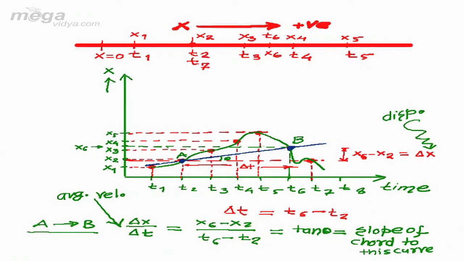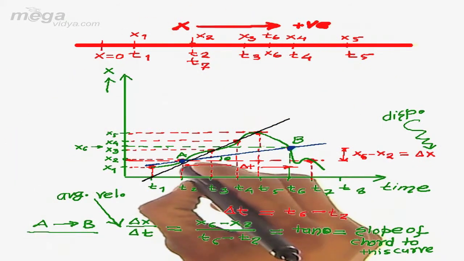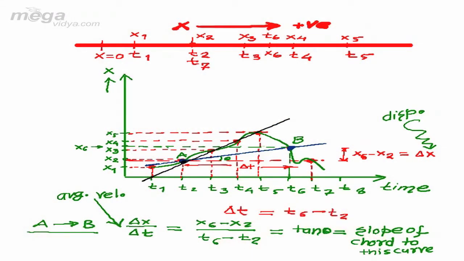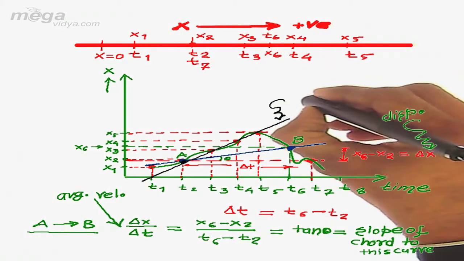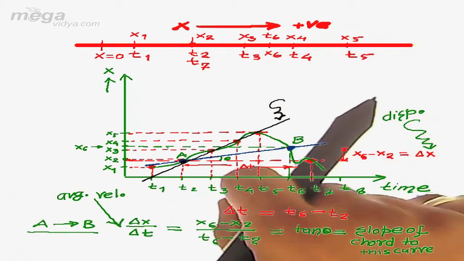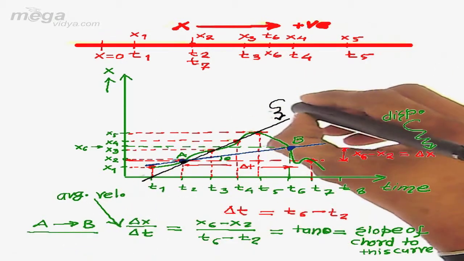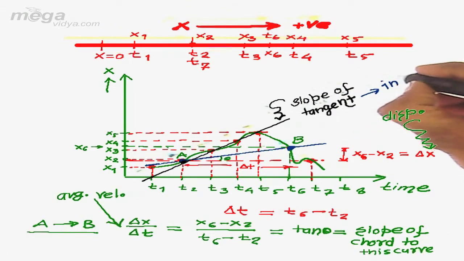Now just consider the point A again on the curve. If I draw a tangent here on this curve, just see this line is the tangent at this point, and what it gives us, this line which is the tangent, the slope of it gives us the instantaneous velocity at this time t2. The slope of the tangent gives us the instantaneous velocity.